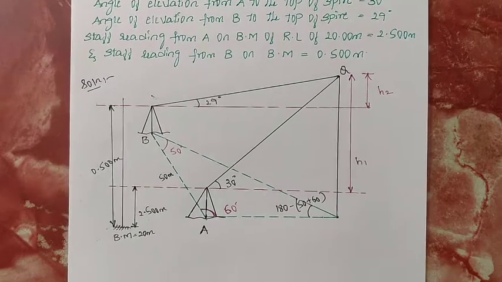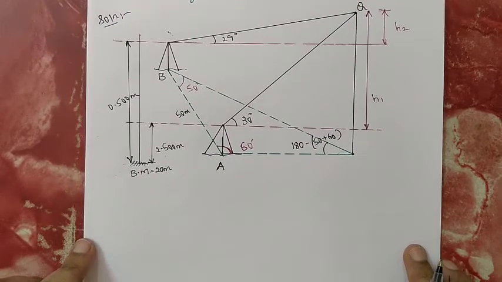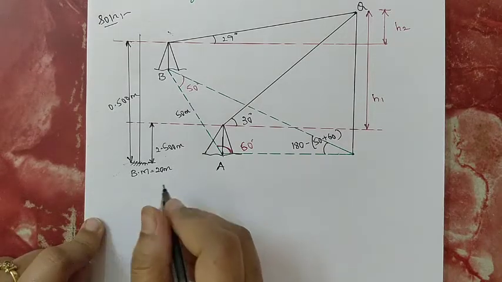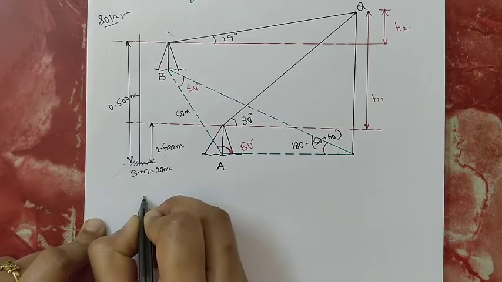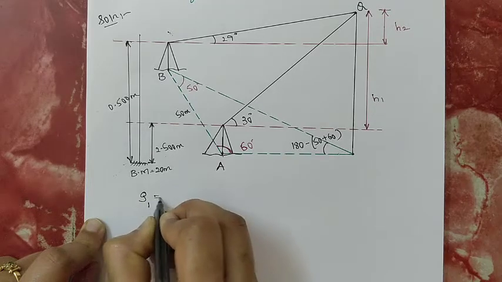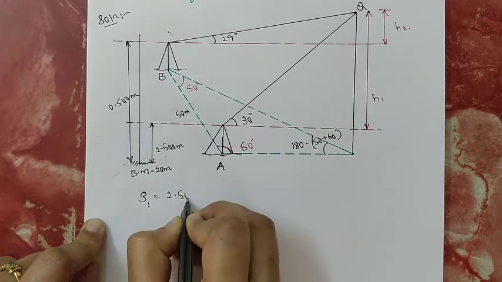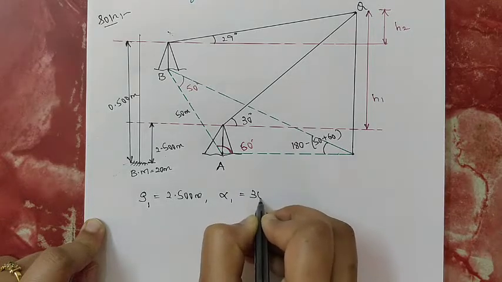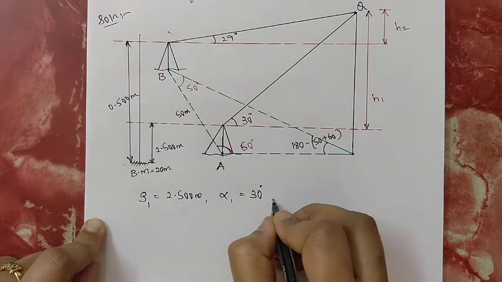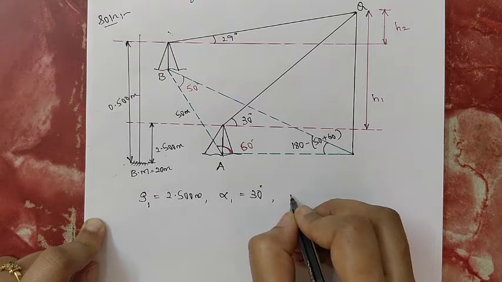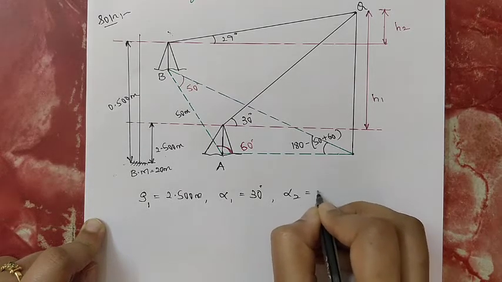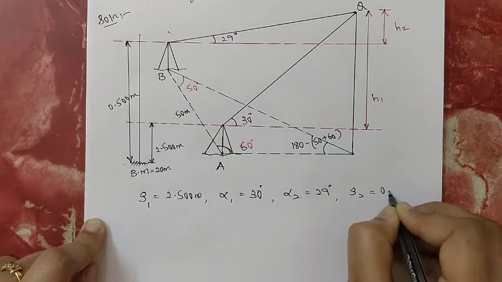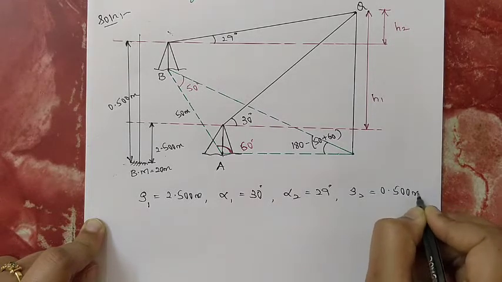Okay. First write down the data. What are all the data they have given. Staff reading, what are the observations taken when the instrument is at station A. That is the first observation. I will give it as S1, 2.500 meter, and alpha 1 they have given 30 degree. Next, alpha 2 is 29 degree and S2 value is 0.500 meter.